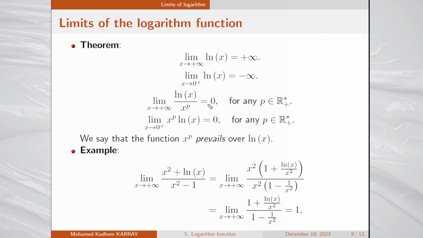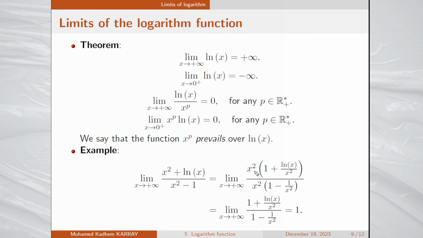So we have plus infinity divided by plus infinity, which is an indeterminate form. But we know that the power of x prevails over the logarithm. So this is the term that will prevail, and so the limit will be as if it was 1 divided by infinity, and this gives 0.